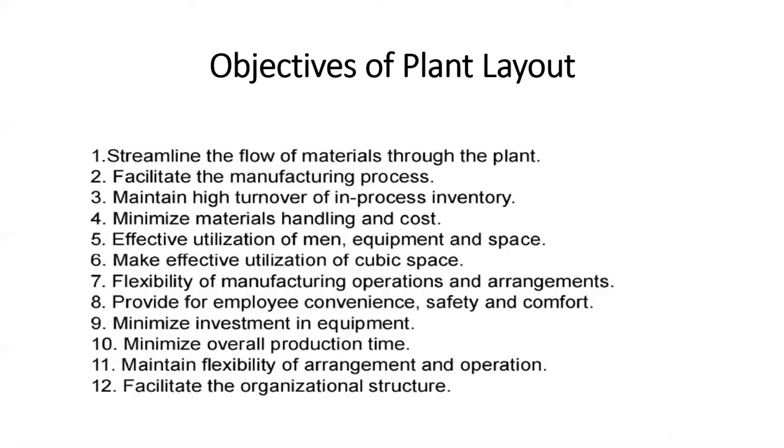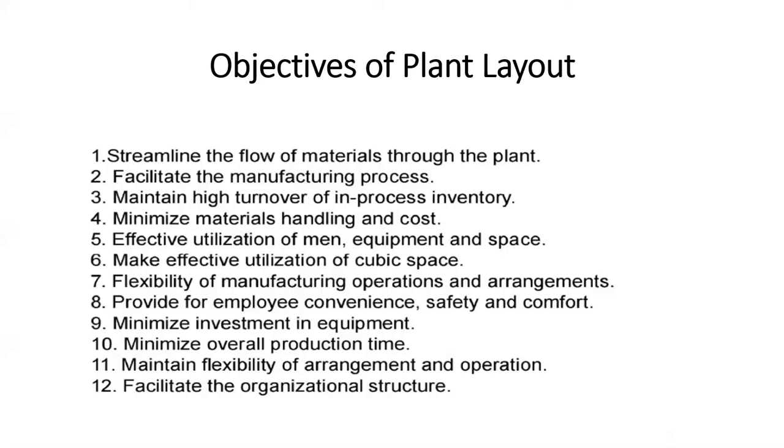Then flexibility of manufacturing operations and arrangement. The arrangements for the manufacturing operations should be flexible. Why? Because if any changes are required, we should be able to make them.